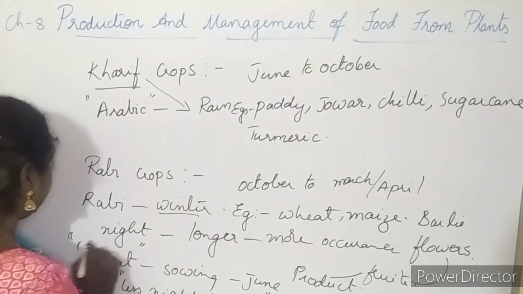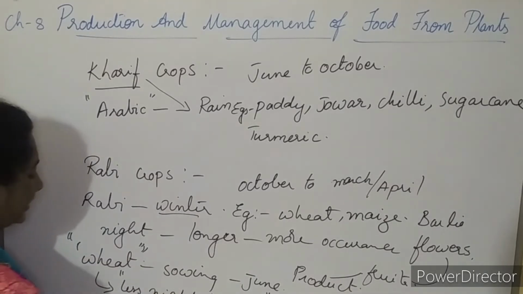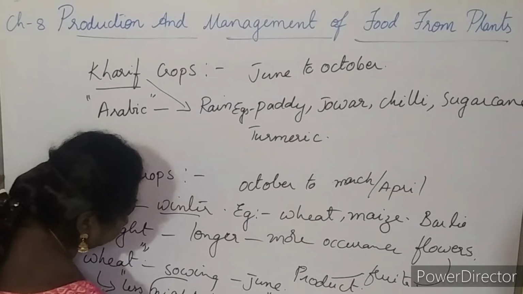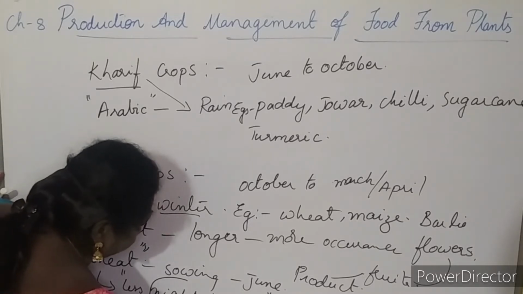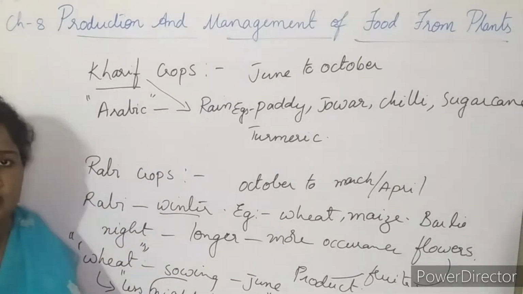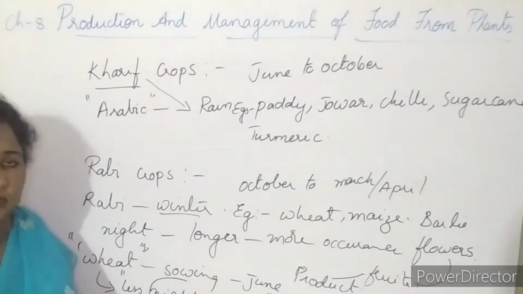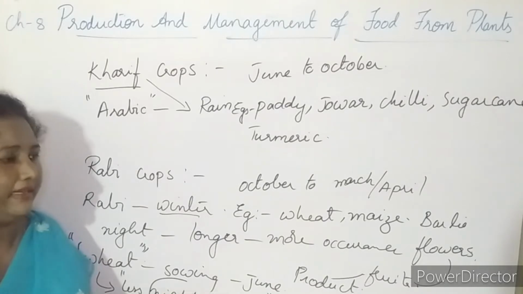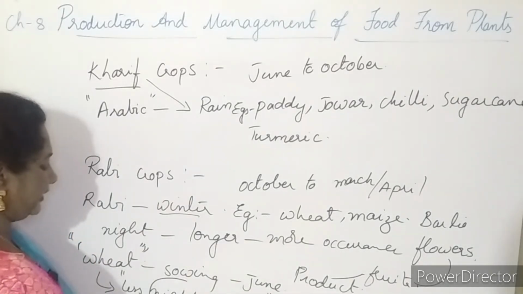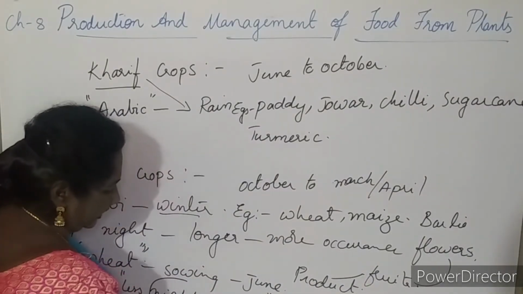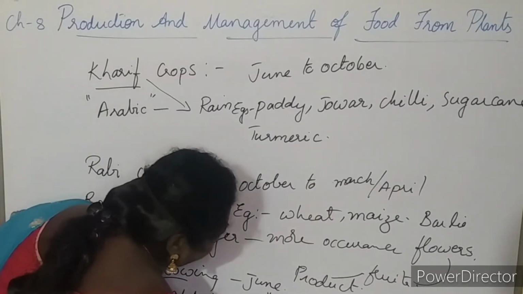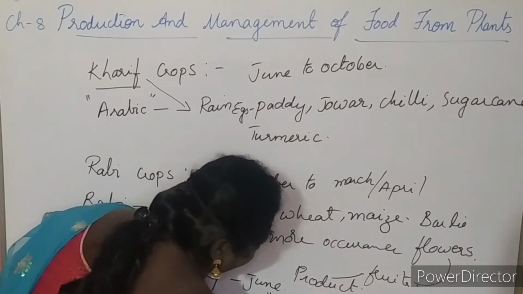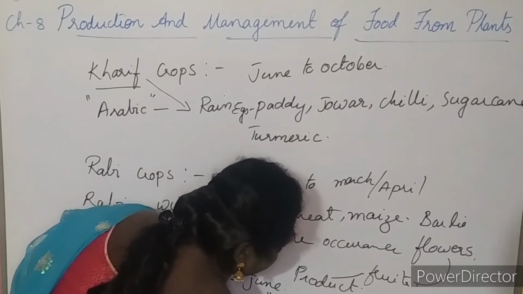So for wheat, it is advisable to sow the seeds during the month of October. When he sows the seeds of wheat in October, it takes nearly three months: October, November, December, January. In the month of January or February, the wheat plant starts flowering.